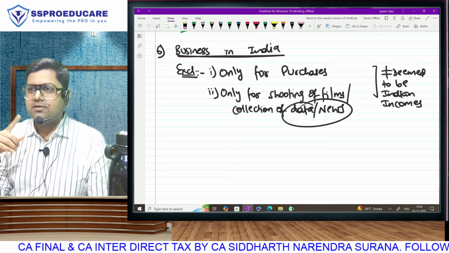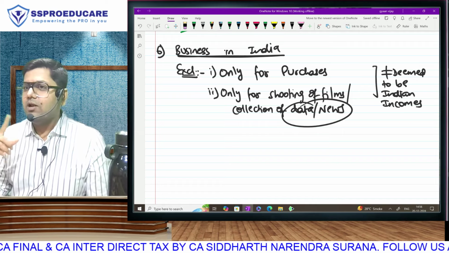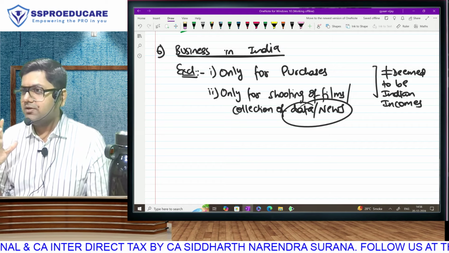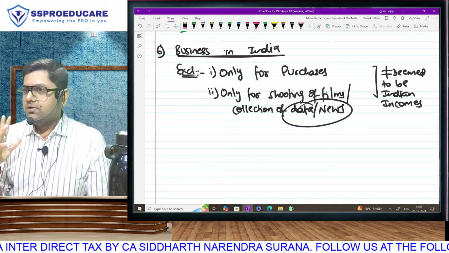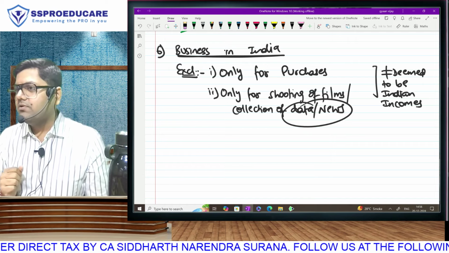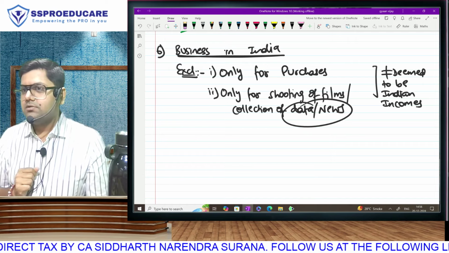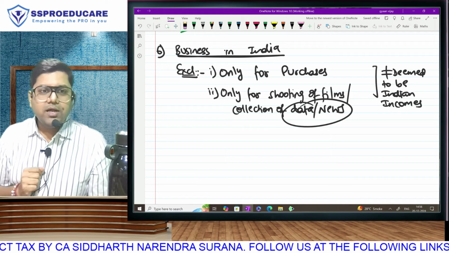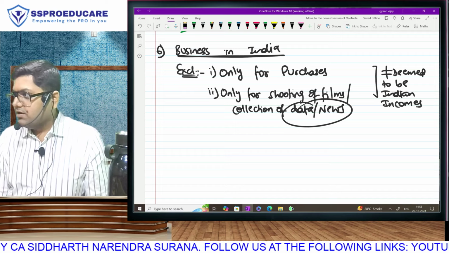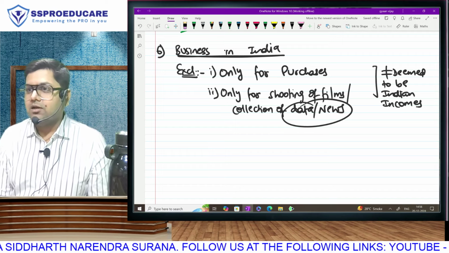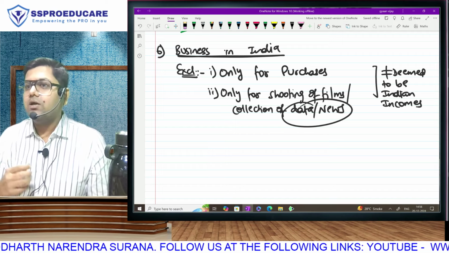You do Google Pay, Google Pay, Google Pay, as if literally Google is paying from morning to night. And by the way, you're not doing Google Pay. You are doing a UPI transaction. And next time, don't be silly enough to go to that shopkeeper and say, uncle, scanner. No, bro. That is a QR code.